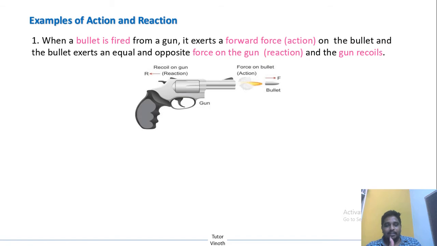When you shoot a gun, the recoil comes backward, and only then the bullet goes forward. How much speed the recoil has, that much force acts in the opposite direction. That is called Newton's third law of motion.